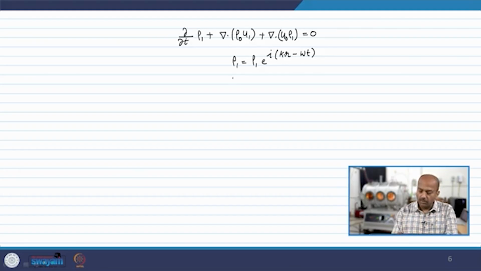That can be the meaning of this. And u1 is u1 times e to the power i(k·r − ωt).